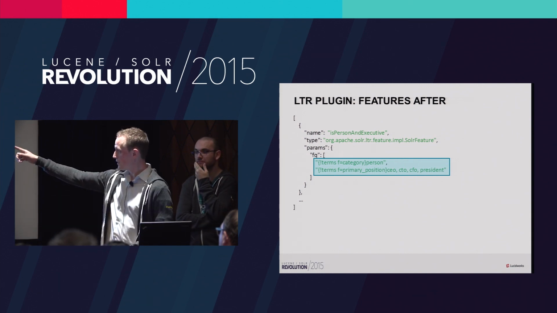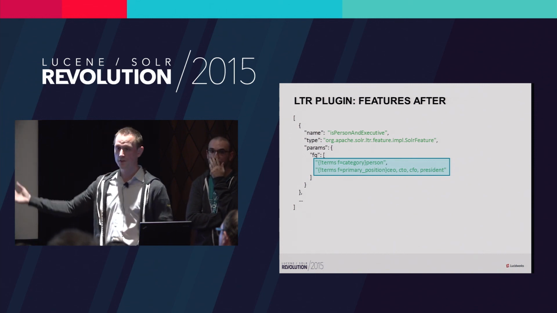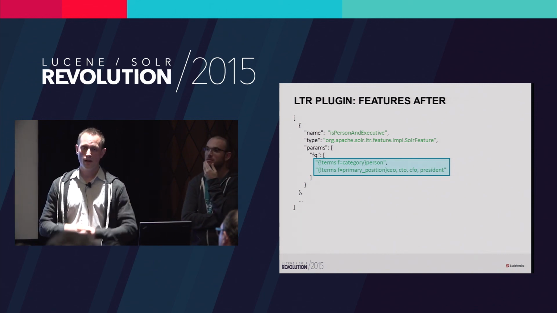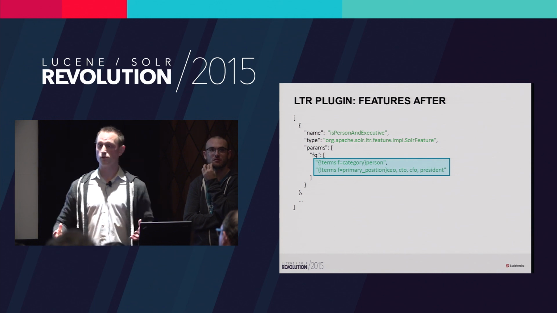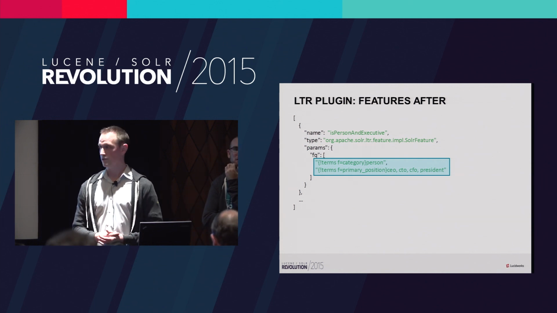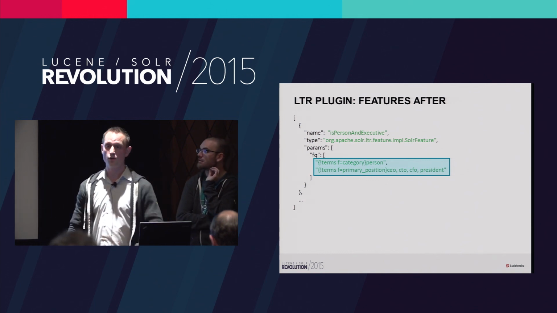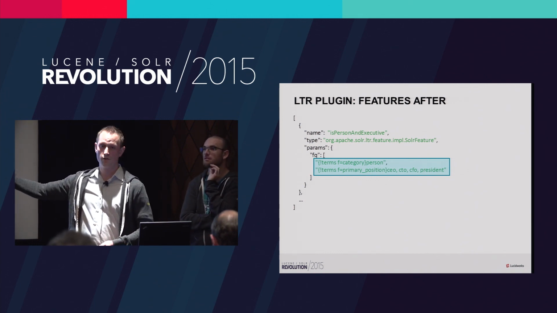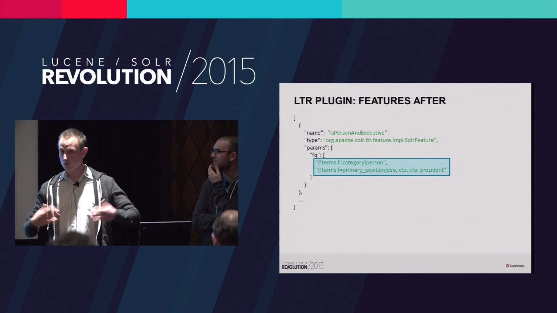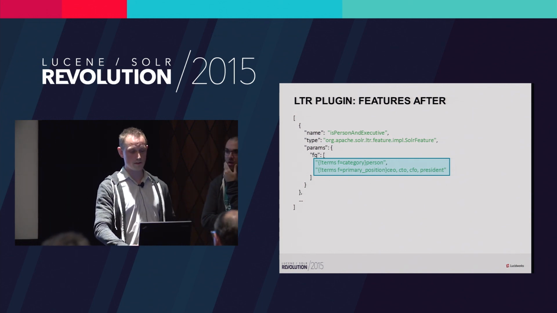And the cool thing about this is that the type we've made, Solr feature, wraps anything that you can express inside of a regular Solr query and uses that as a feature. So in my case, I'm using this exclamation terms. That's a terms query, and I'm using that as a filter criteria. If you wanted to use function queries as a feature, you can do that too.